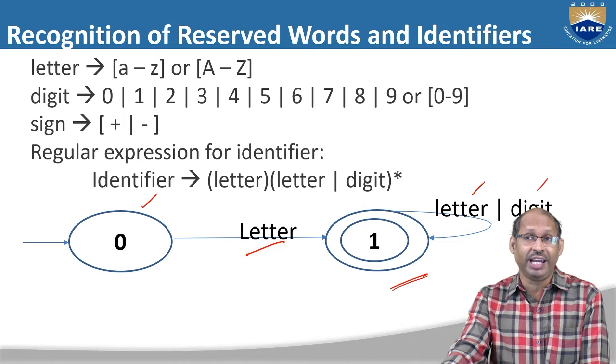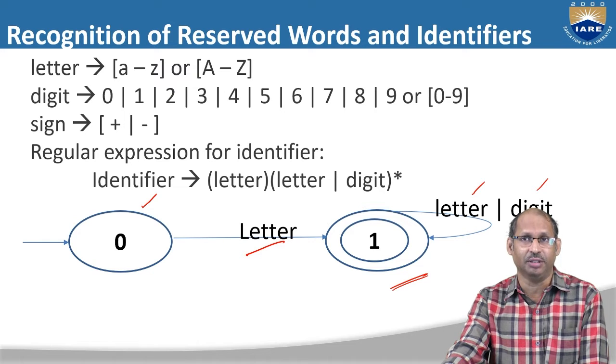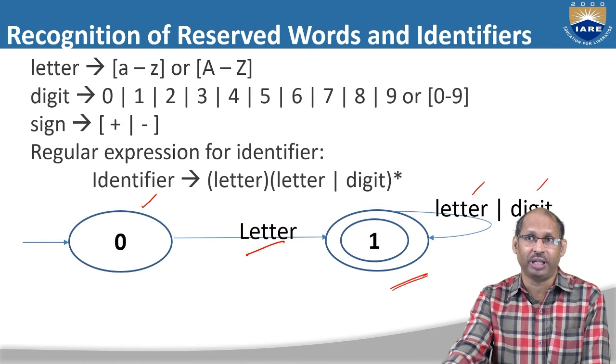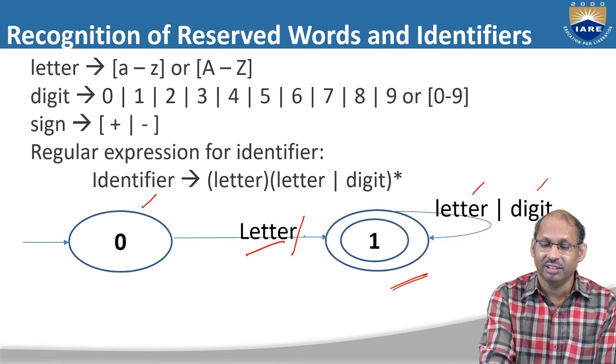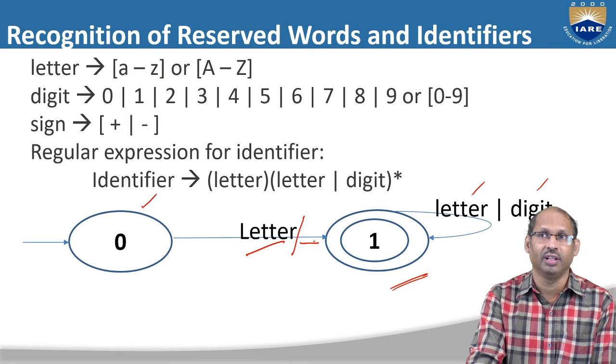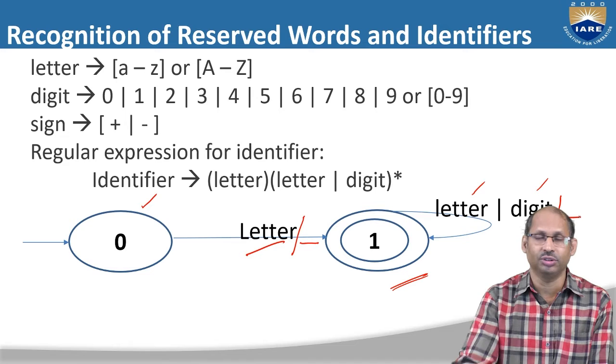The first character might be a letter or underscore. It may be followed by any number of letters, digits or underscores. We can change this transition diagram with respect to that programming language to represent the identifier: simply a letter or underscore, and then letter or digit or underscore.